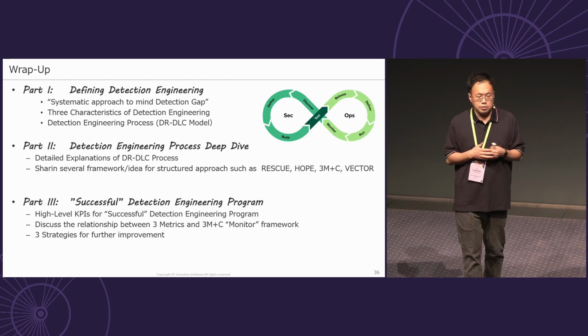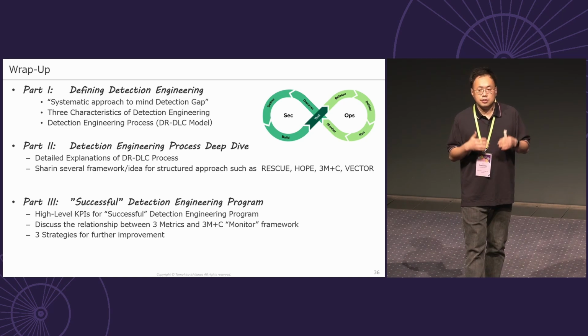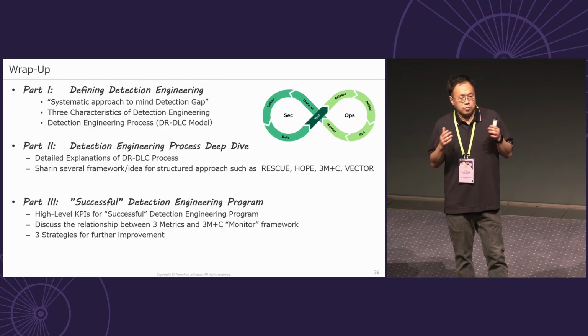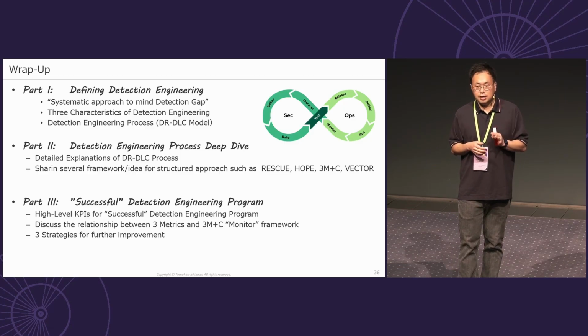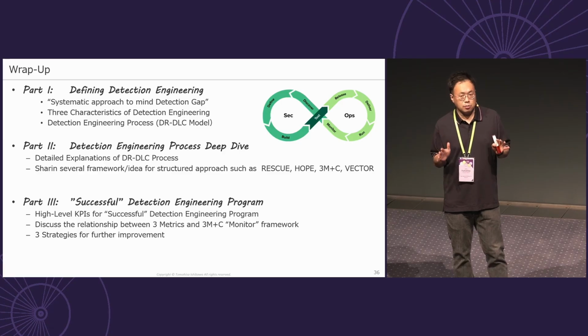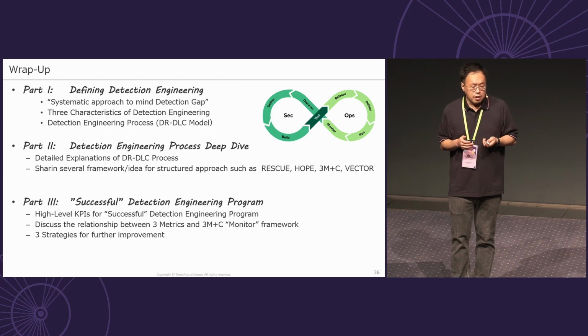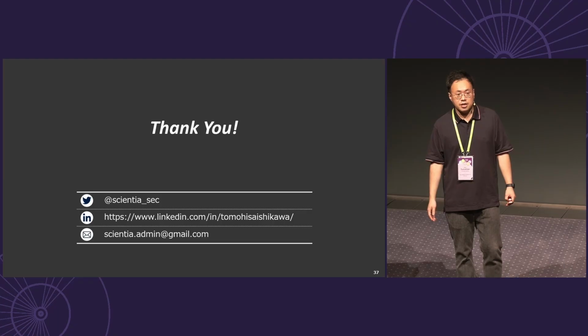I also introduced the detection engineering process, an eight-step process, and a couple of ways to operationalize these activities. And lastly, we talked about what a successful detection engineering program is. We introduced three high-level KPIs, the way to improve it, and three strategies to further implement. I hope this presentation helps your organization, and thank you very much for listening.